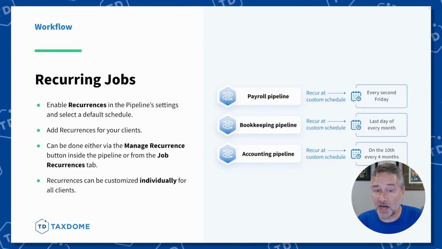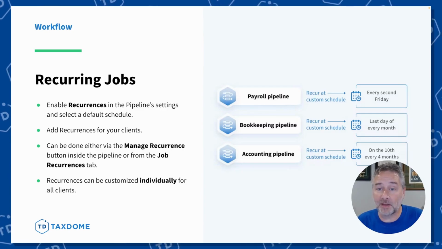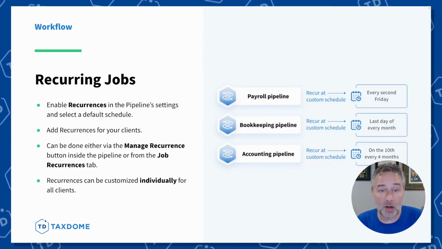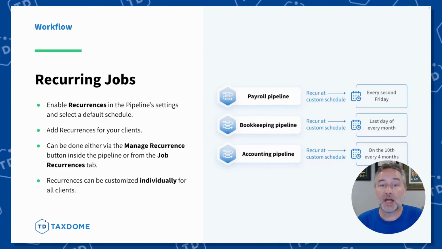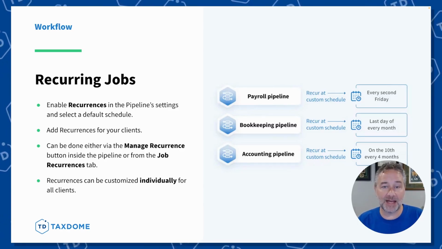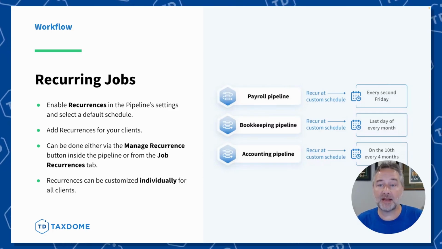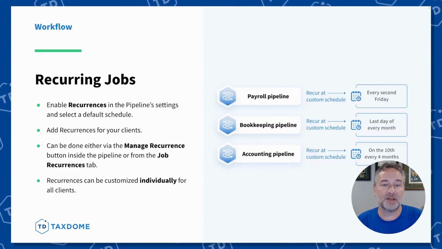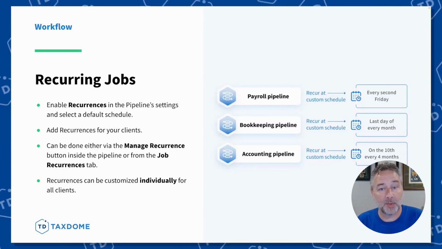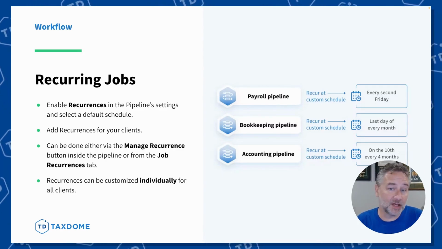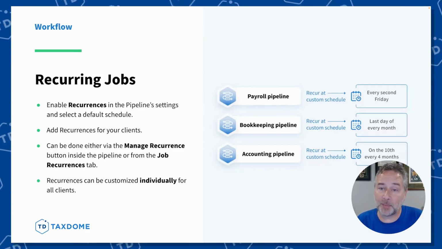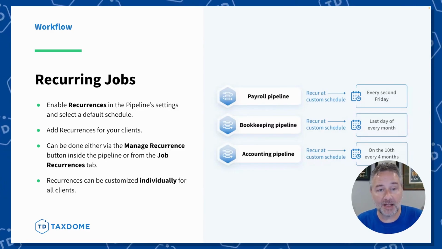This can either be done in the pipeline itself via the Manage Recurrences button or from the Job Recurrences tab. Also, any recurrences you add can be customized, meaning they don't have to follow the default schedule you set up, but instead you can have unique schedules for any recurrences, and you can even change things like the job template that will be used and the assignees.